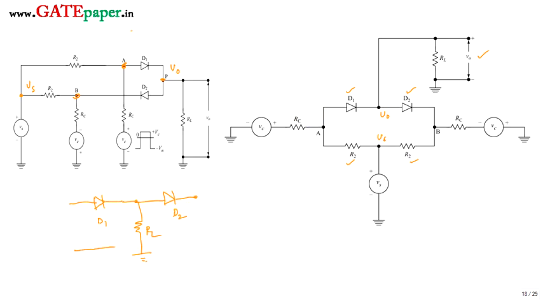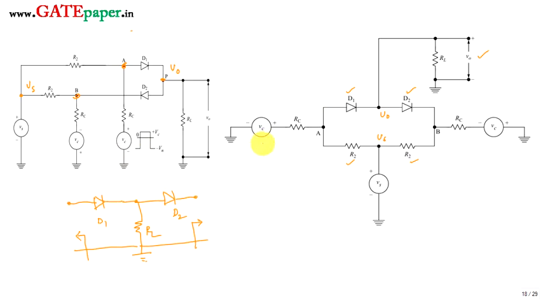What I am interested in now is applying VTH, the equivalent voltage, across the N side of D2 and the equivalent voltage across the P side of D1. So what is the equivalent voltage? Instead of drawing a bigger circuit, I am going to apply Thevenin's equivalent circuit when looking out of the P side of D1, and Thevenin's equivalent circuit when looking out of the N side of the diode. If you are looking into this side, that entire circuit is replaced with the Thevenin's equivalent.